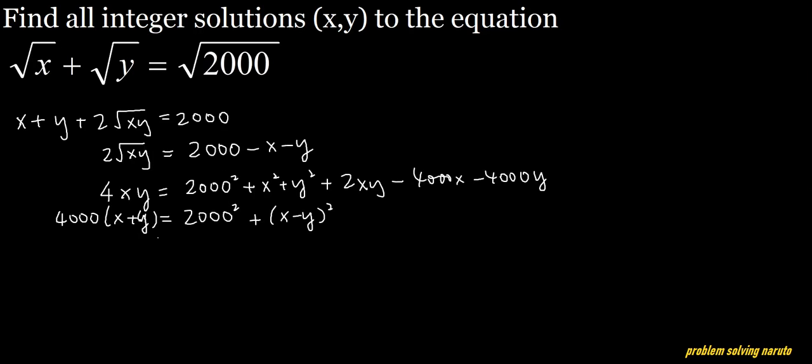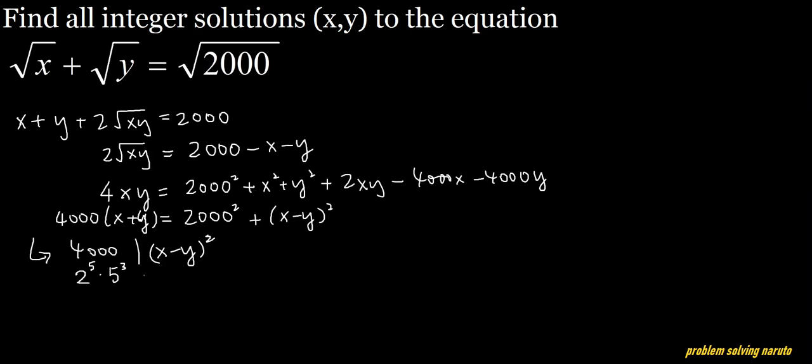At this point, we can start to use the integer requirement. As you can see here, 4000 divides the left hand side, so it must divide the right hand side. This tells us that 4000 must divide (x minus y) squared, and 4000 is 2 to the 5 times 5 to the 3.